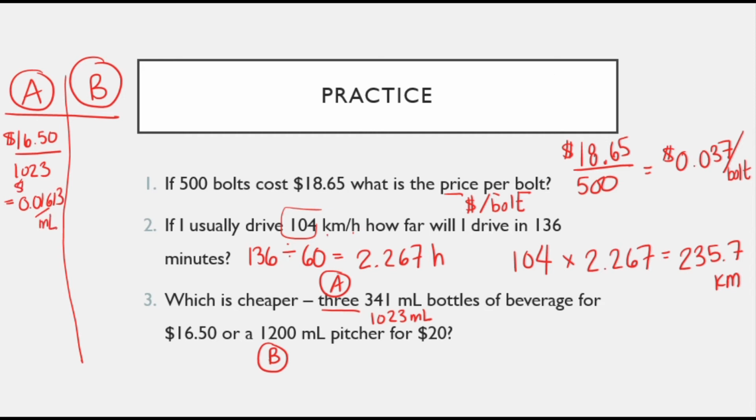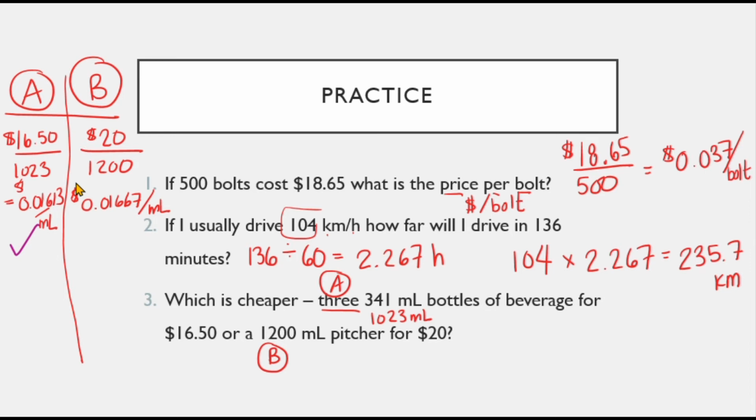So that's the price per milliliter in situation A. Situation B, we take the $20 and divide it by 1200 milliliters, and we're going to get 0.01667 dollars per milliliter. So obviously, from this, I would say situation A is the better one.